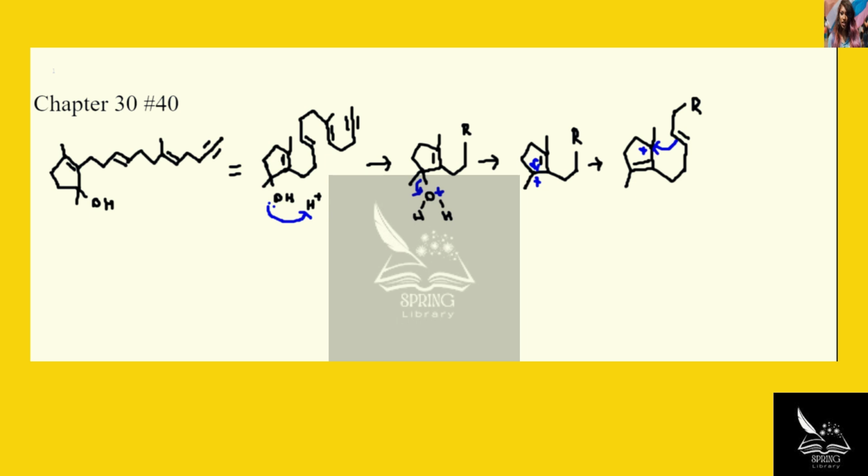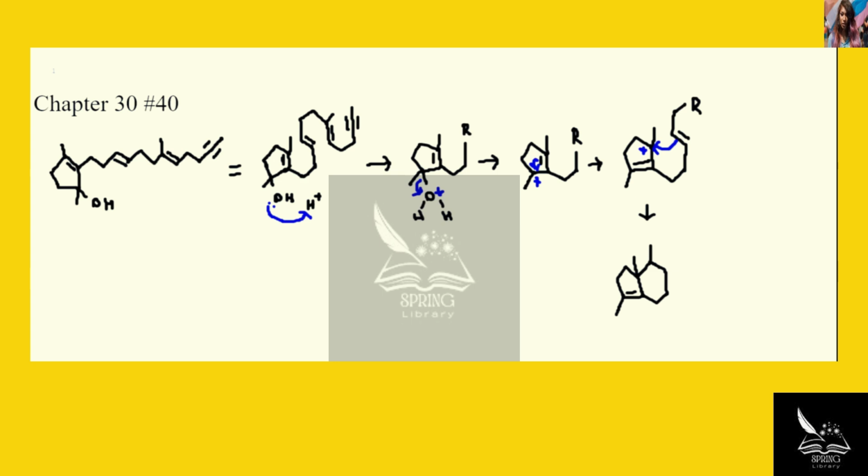And so that's going to form a new bond. And we've closed down the first of the new rings that we have to make now. And so now we have that new 6-membered ring made there.